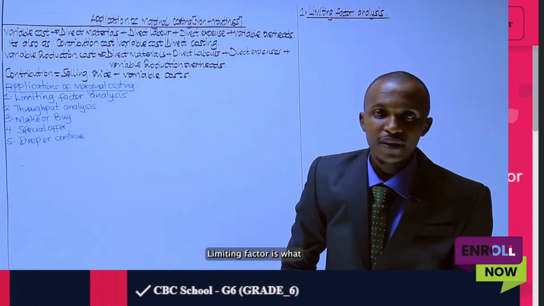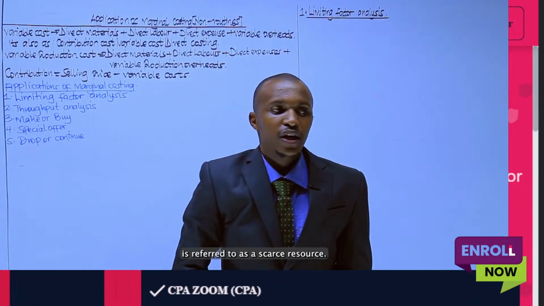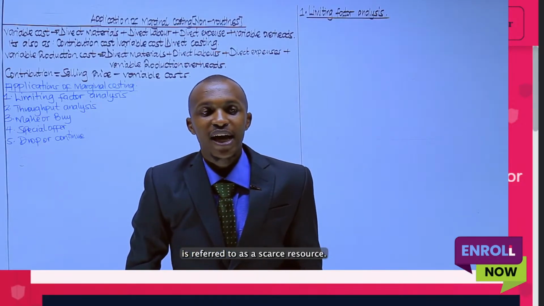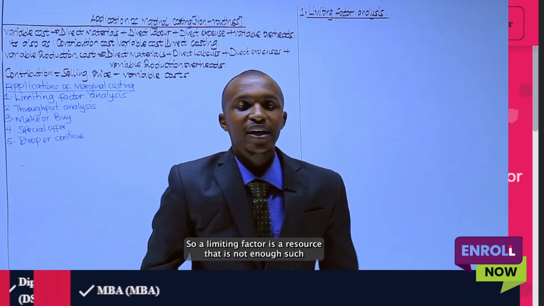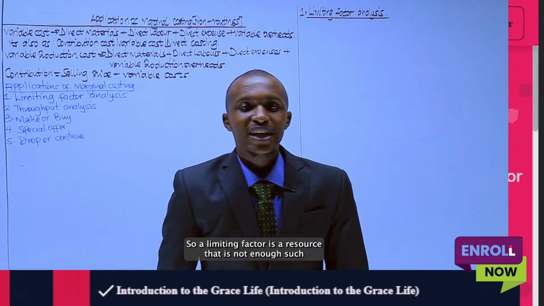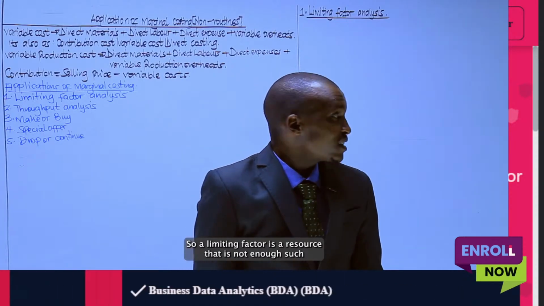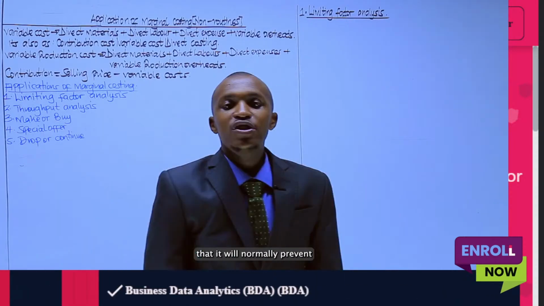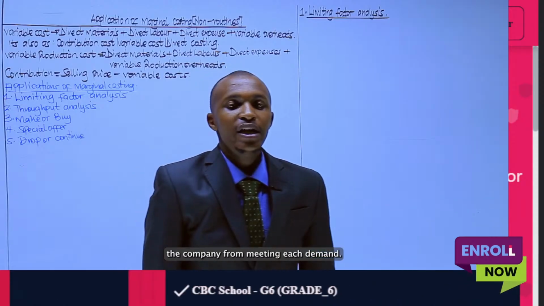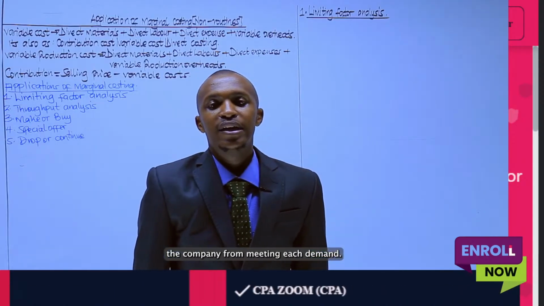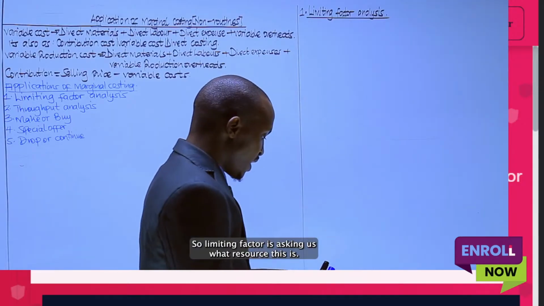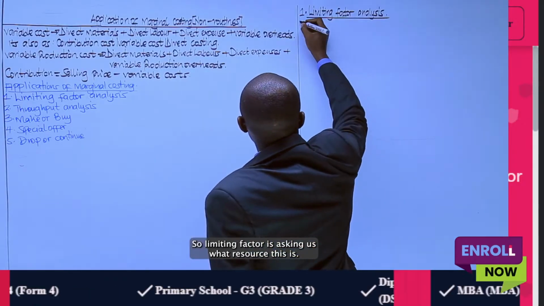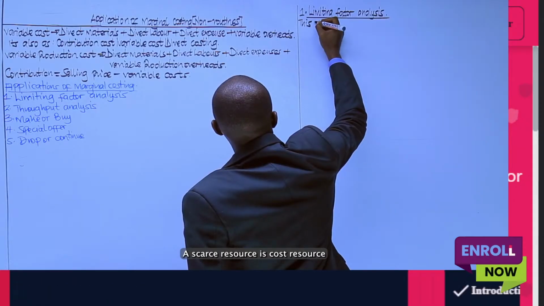Limiting factor is what is referred to as a scarce resource. So a limiting factor is a resource that is not enough, such that it will normally prevent the company from meeting its demand. So limiting factor is a scarce resource.